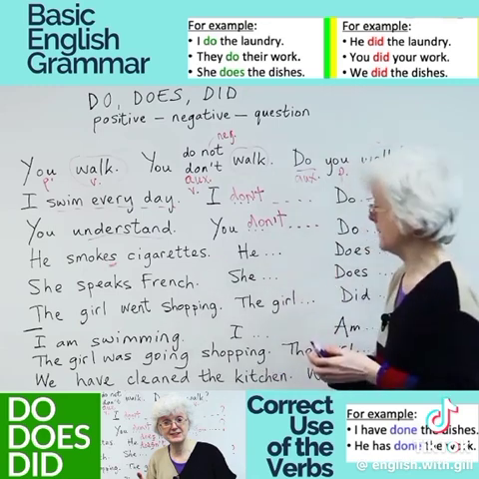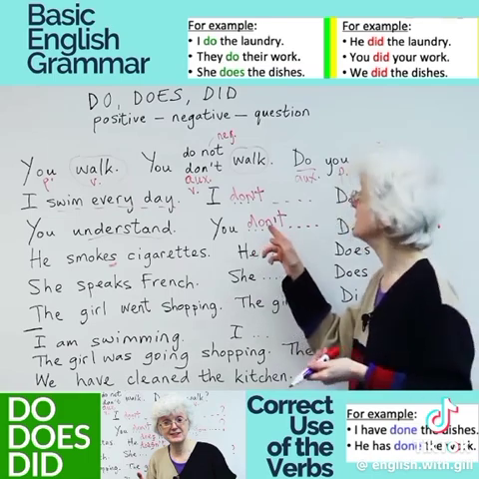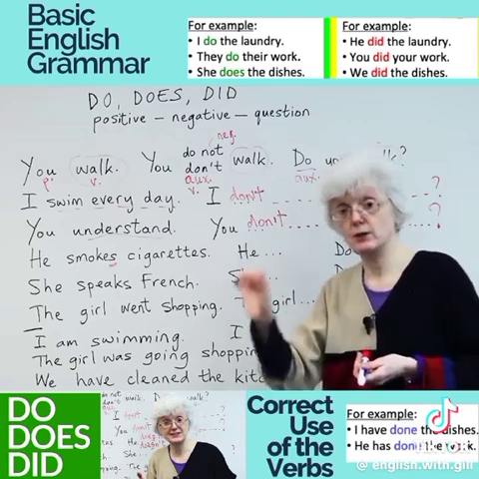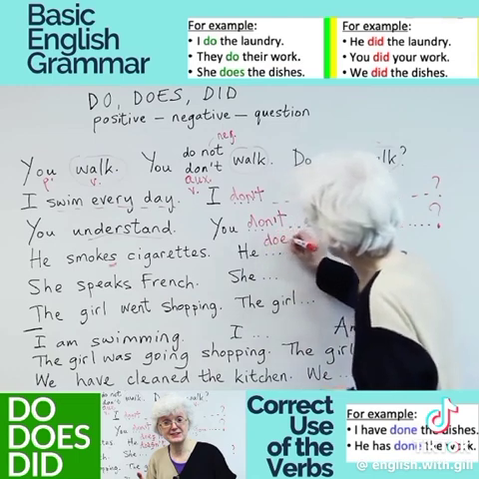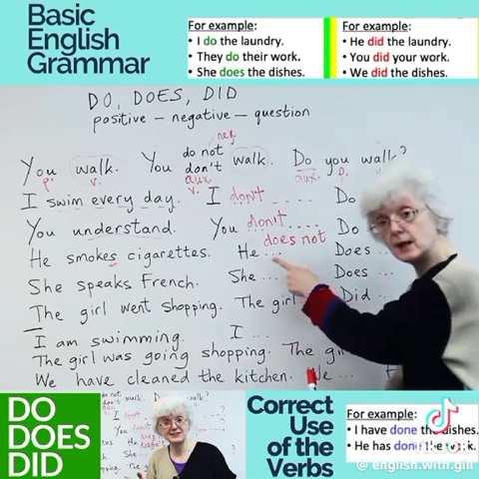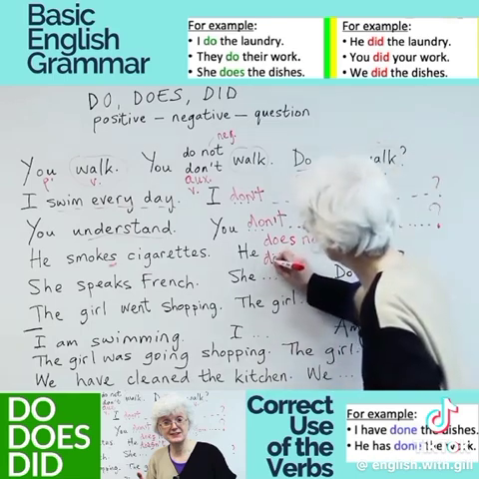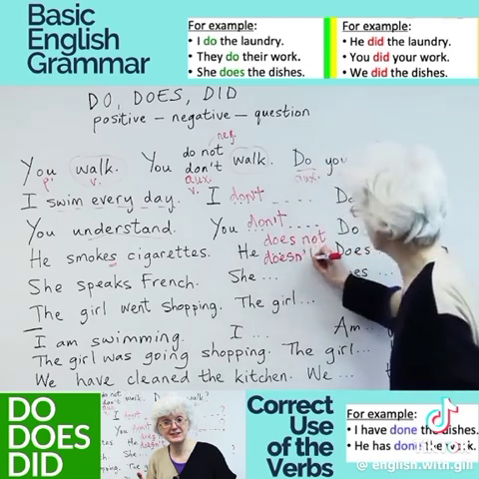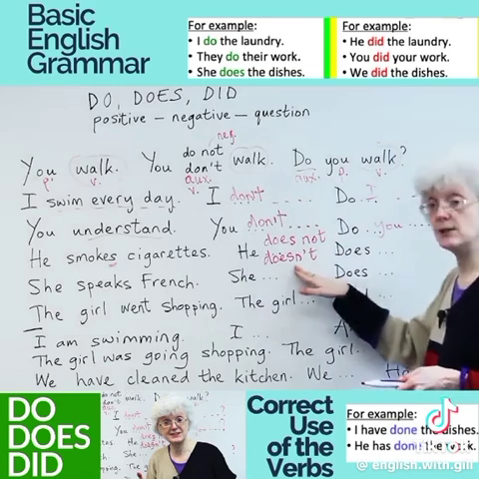Okay. And instead of don't, we have to use doesn't or does not. Okay, so it's either does not, D-O-E-S, not, or D-O-E-S-N apostrophe T. He does not, he doesn't.